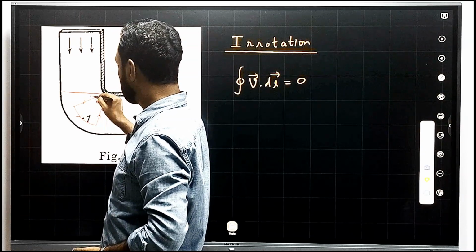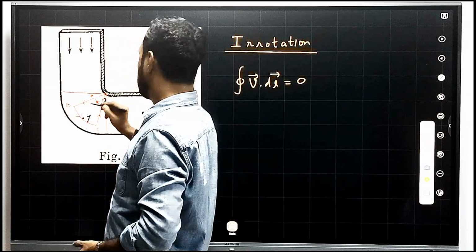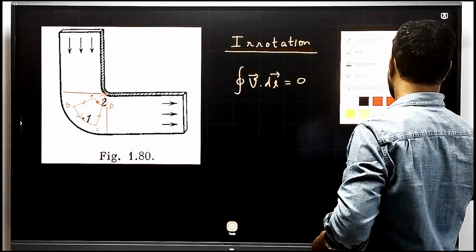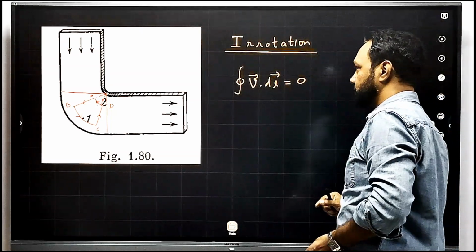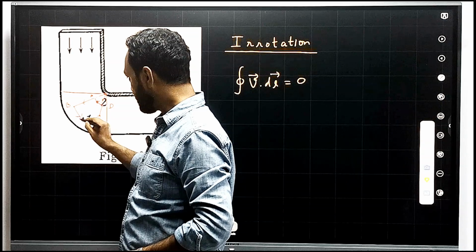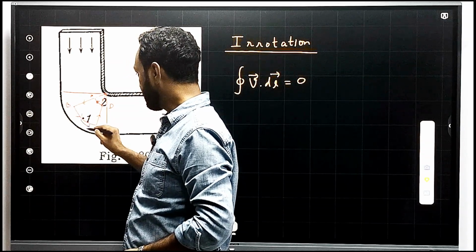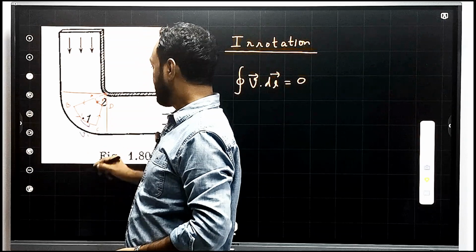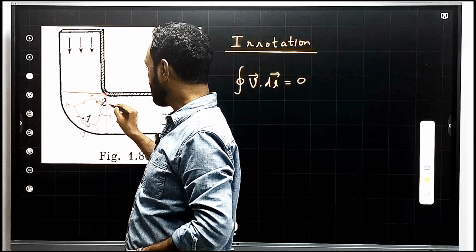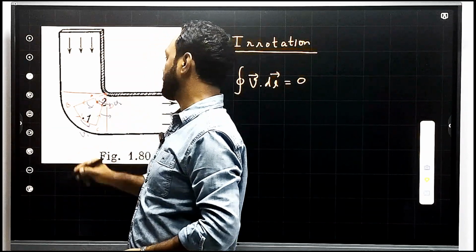This closed loop is A, B, C, D. On this closed loop I will apply this v dot dl integral summation to be 0. So on this part, suppose the velocity here is v1, and velocity here is v2, and velocity here would be something.